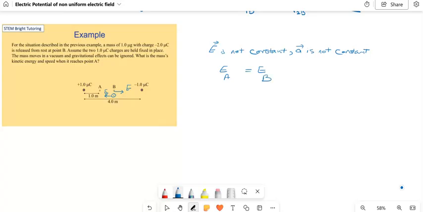Because the motion starts from point B, I'm going to put point B on this side. The mechanical energy is the summation of the kinetic energy and the potential energy, which is in the form of electric potential energy for this example.